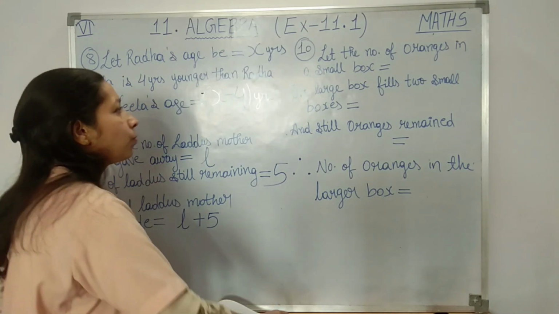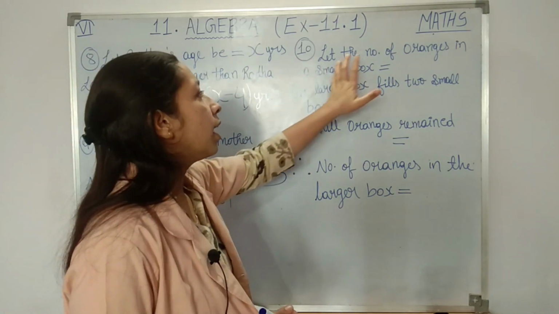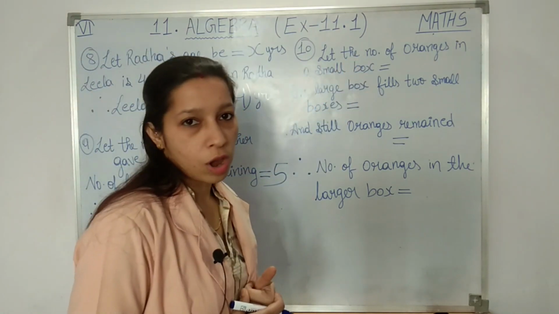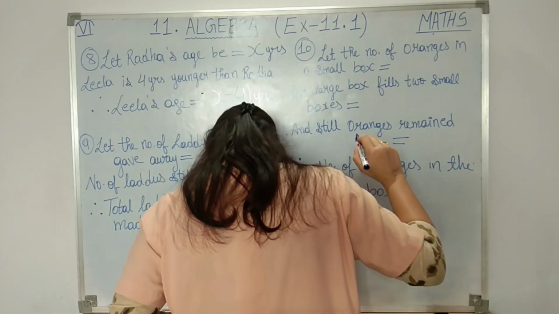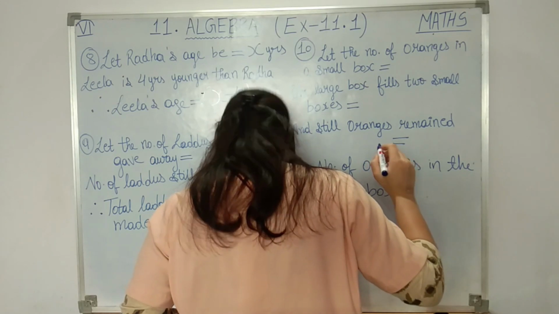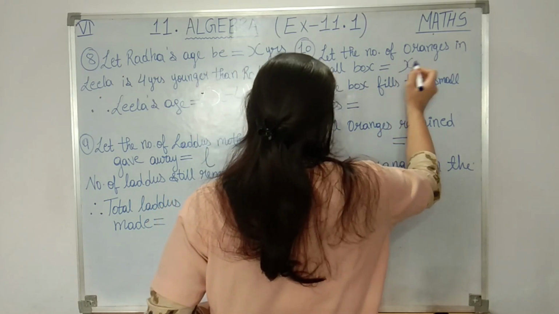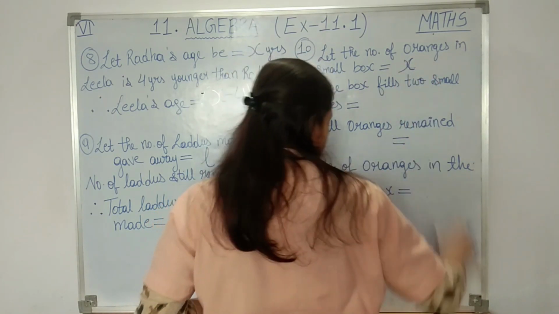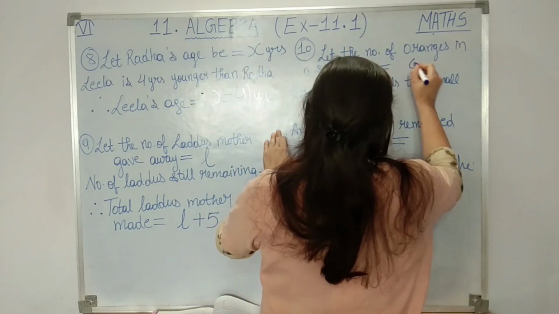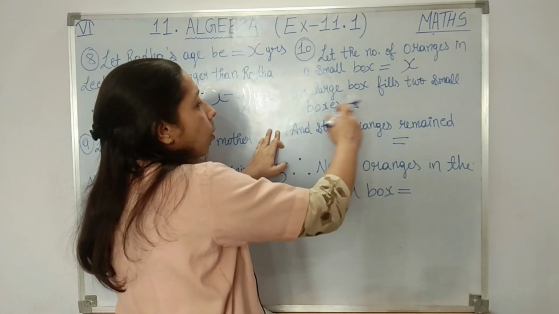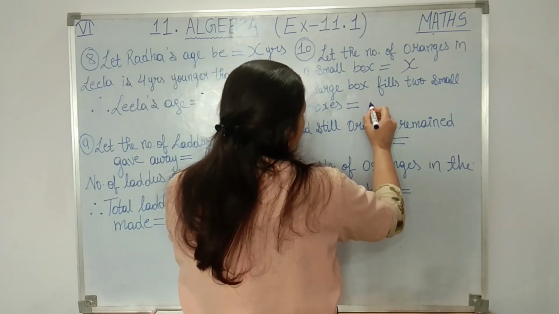Okay, let us see. What I have written: let the number of oranges in the small box be x. Here we are asked to assume it as x. Then one large box fills 2 small boxes, isn't it students?